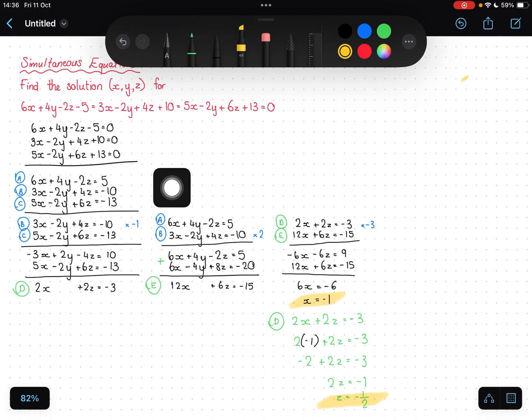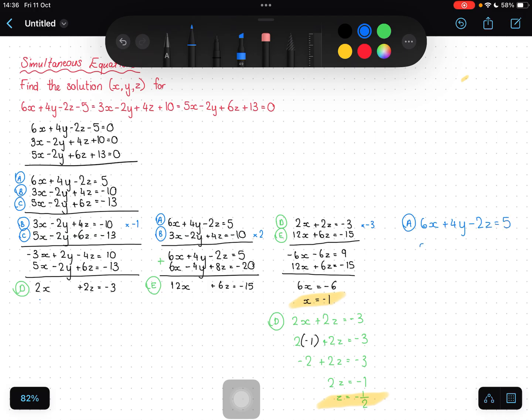Now I'm going to go back to one of my original equations, whichever one looks easiest, and we're going to sub in x and z to get y. So I might use equation A. Equation A was 6x plus 4y minus 2z is equal to 5.